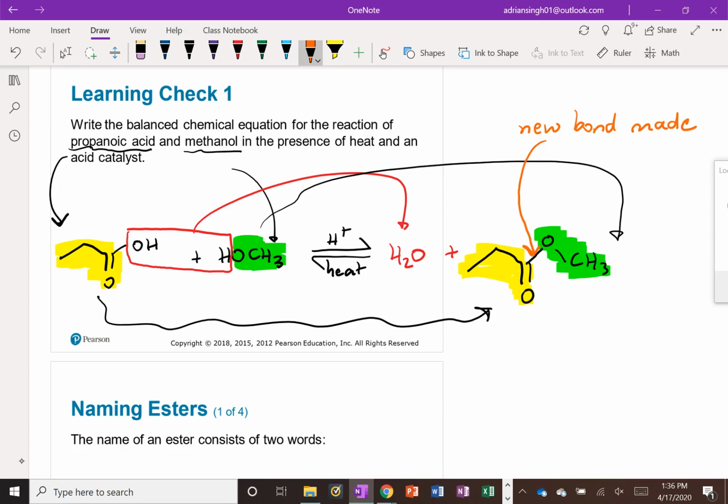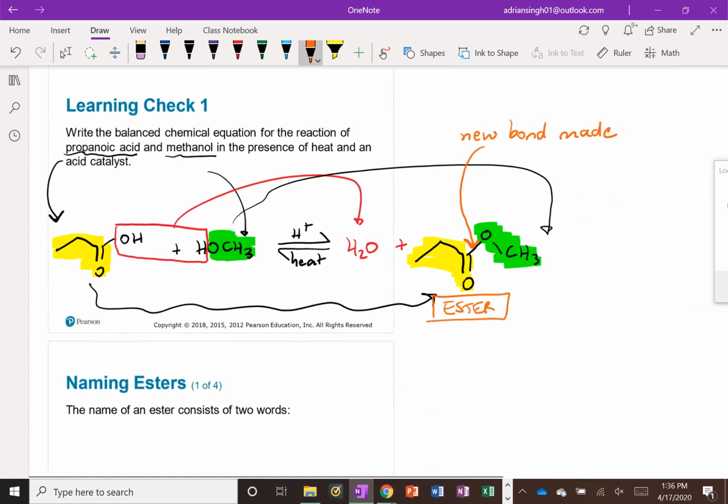That links the acid to the alcohol to make our ester, and that's going to happen in every single esterification reaction. You'll notice here that the only parts of the molecules that change are these regions. The remaining parts of the acid and the alcohol do not change.